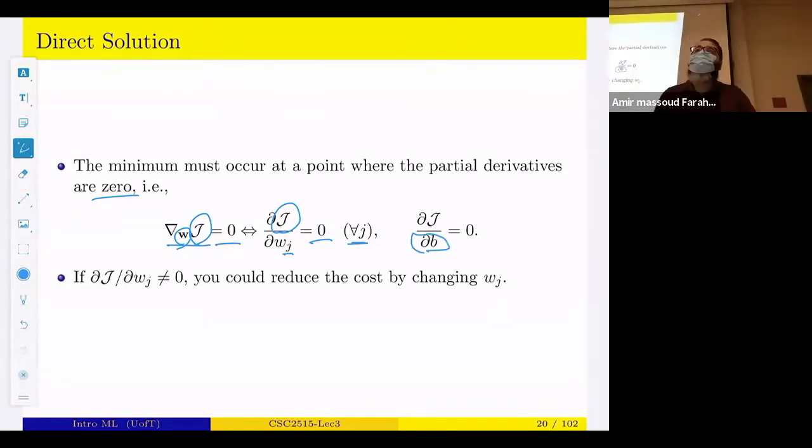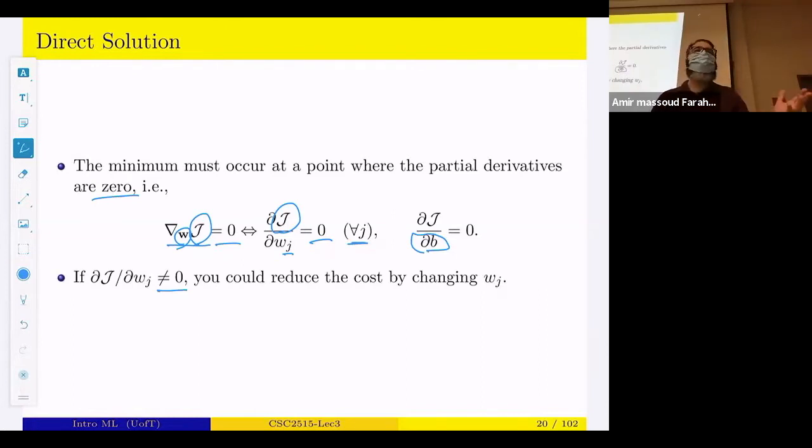And the intuition is that if this wasn't equal to 0, it means that there is a direction that we can change w a little bit, and if we go in that direction, the cost function would increase or decrease. So if we go in the direction opposite to the partial derivative, the cost function would decrease, and that means that there is room for having a better solution.